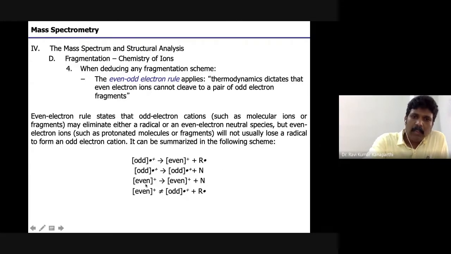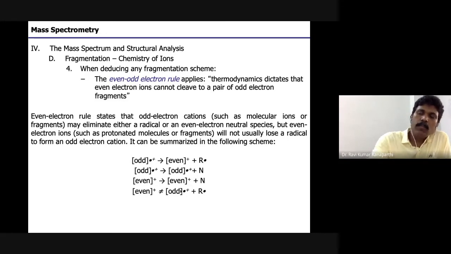On the other hand, the even electron species can give a neutral molecule and an even electron species, but an even electron species cannot give you an odd electron species. This is a very interesting point: if you encounter an even electron species, it will always give an even electron species. It will never ever give you an odd electron species.